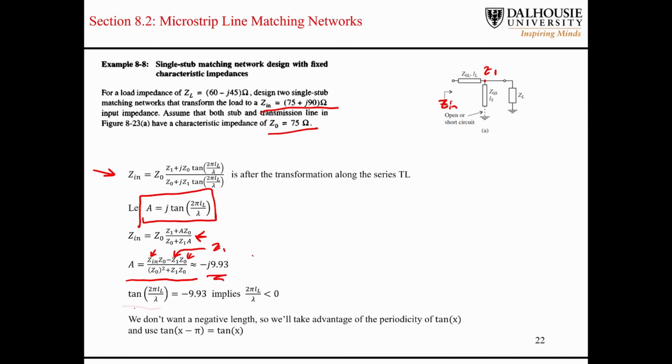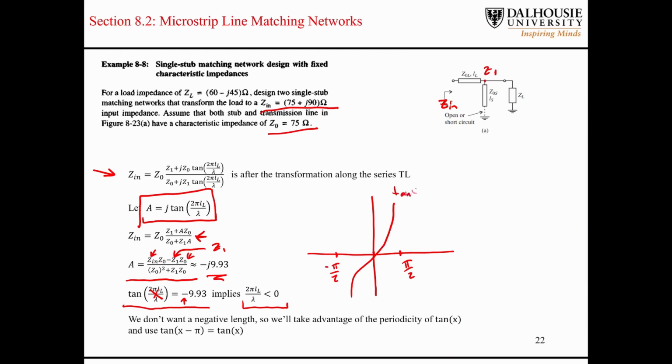So if we set tan equal to negative 9.9 from our expression for A, we see that because of this negative value, this implies that the argument of this tangent function here has to be negative. So if you recall the graph of the tangent function, it looks something like this, where this is pi over 2, and this is going to be negative pi over 2.